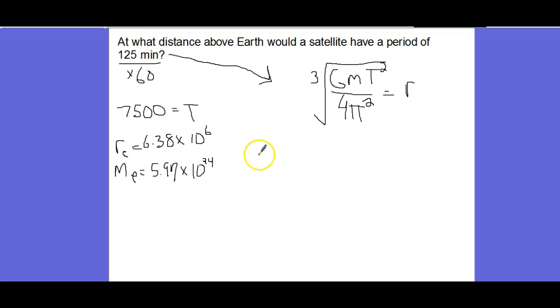I'm going to start with G, 6.673 times 10 to the negative 11th. And then I'm going to times it by the mass of the Earth, 5.97 times 10 to the 24th.